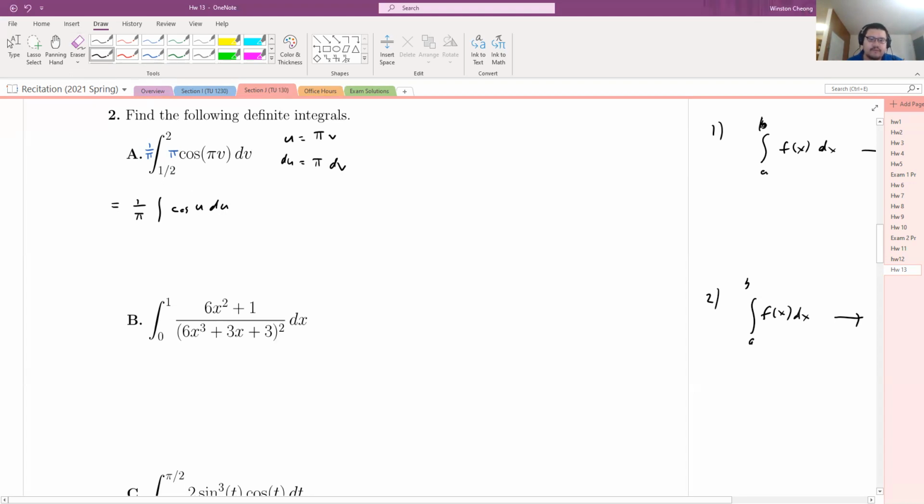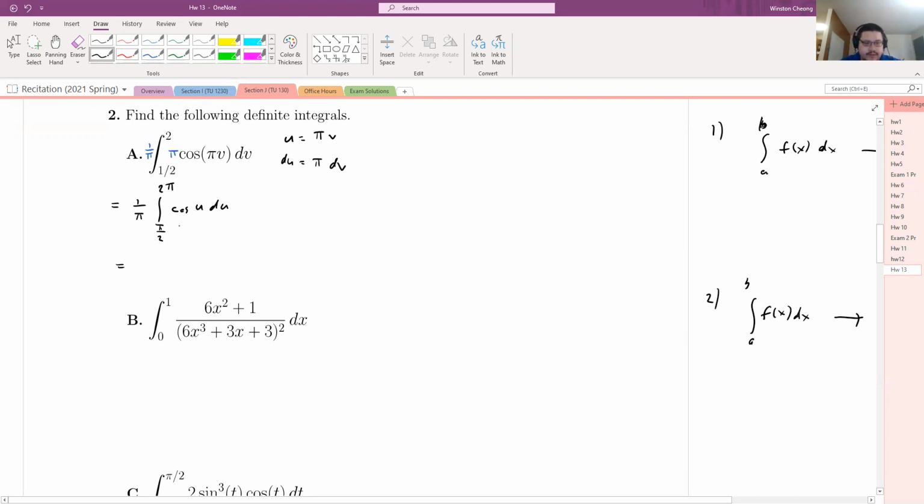So 1/2. This is like saying x is equal to 1/2. If that's the case, what is u going to be equal to according to this substitution? Well, if x is 1/2, u will be pi over 2. And if x is 2, then u is going to be 2 pi. So there we go. We've converted the integral over completely.